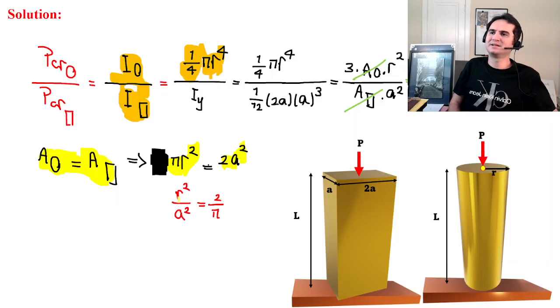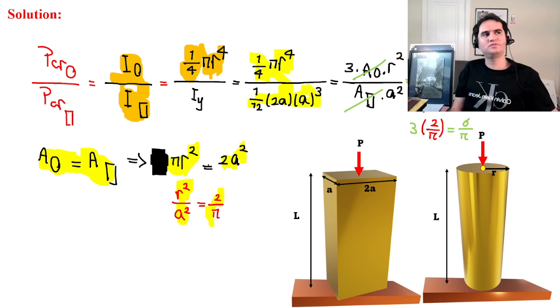That says the ratio of r squared over a squared is 2 over pi. If you replace that in the equation for the ratio, after simplification you get a 3 times r squared over a squared.